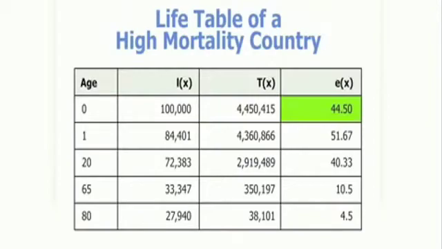Notice the percentage of people who survive until they're 80 in this country: 27%, 27,940 out of 100,000. So this paints a very real picture of what a society is like in many ways, in terms of health care, in terms of the prevalence of immunization, and how long people can expect to live.